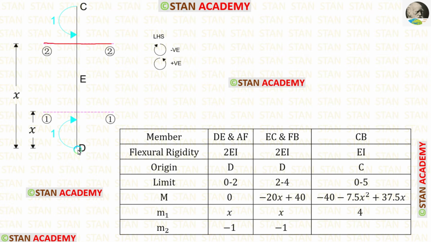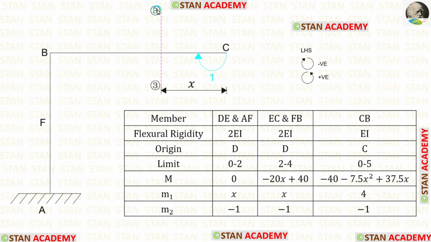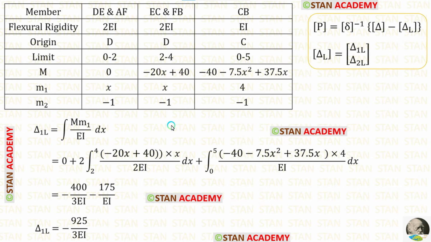Up to the section there is no load, only the unit moment which is acting in the clockwise direction, so it will be negative. Now let us take the third section. This moment is acting in the clockwise direction, so it will be negative. We have calculated the moments in all of the sections.